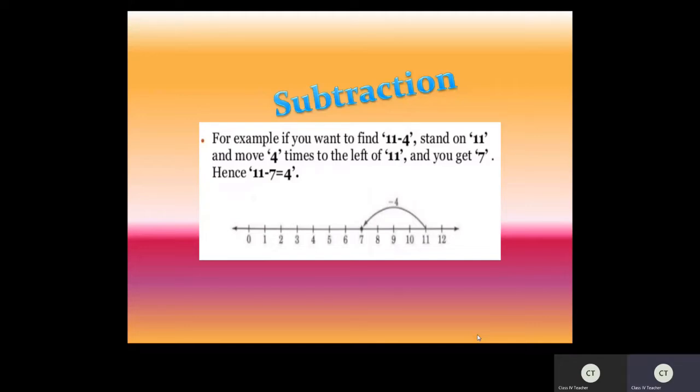So 7 steps completed. 11 minus 7. Where did we reach? We reached our destination 4. Understood, children? Okay, like this you will represent the subtraction on a number line.